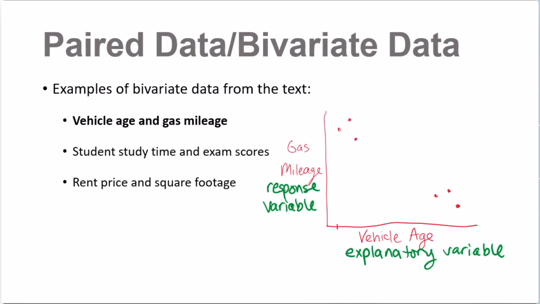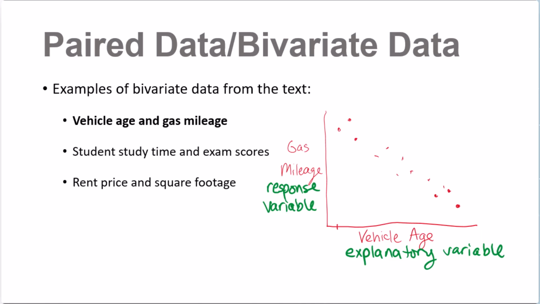Now there's going to be variation in this because of course different sized vehicles, different types of vehicles get different gas mileage, but we would see a general trend where older vehicles get lower gas mileage and newer vehicles get higher gas mileage. So in some sense, the age of a vehicle helps to explain what the gas mileage is, or variations in the gas mileage.